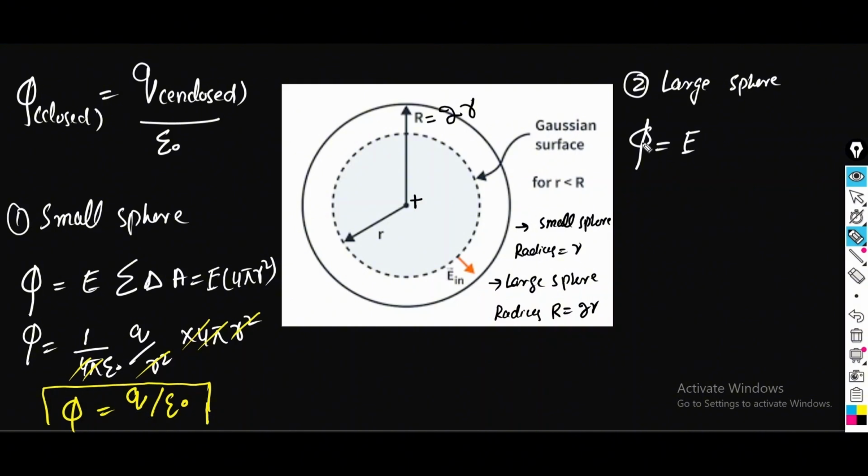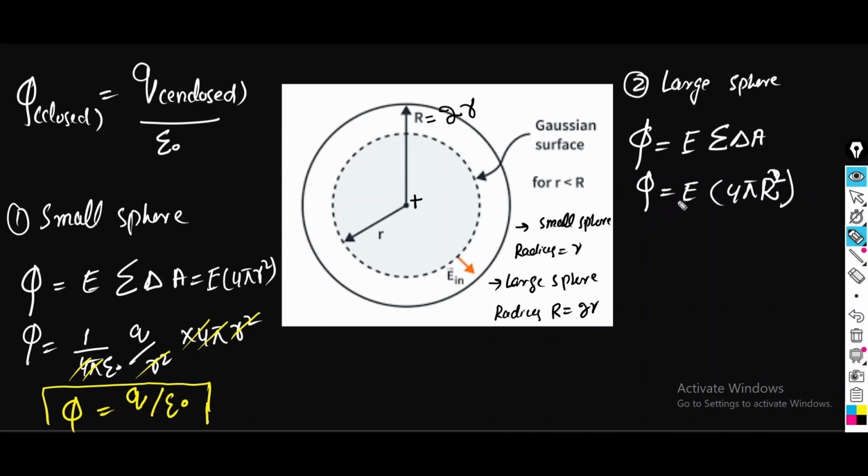Here we have summation of del A, which is the area of the sphere, 4 pi capital R square.